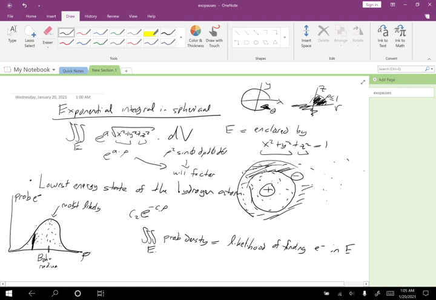On this diagram here, it would correspond to integrating the area under this curve, if you just look at the radius. But this is a three-dimensional thing; this is just a 1D simplification.